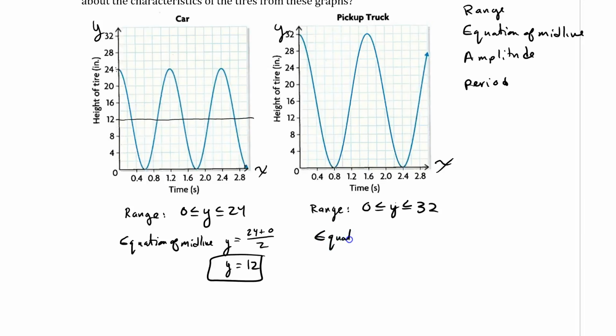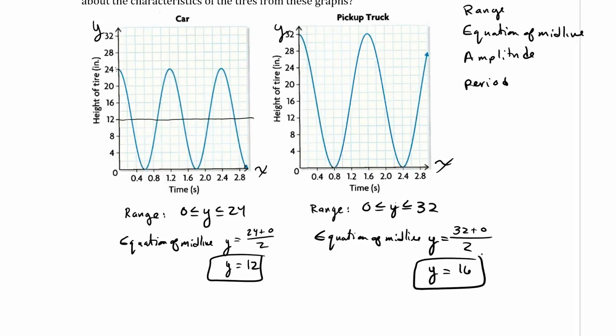Equation of midline. Here it's going to be y equals 32 plus 0. So the maximum happens at 32, the minimum happens at 0, divided by 2. So y equals 16.